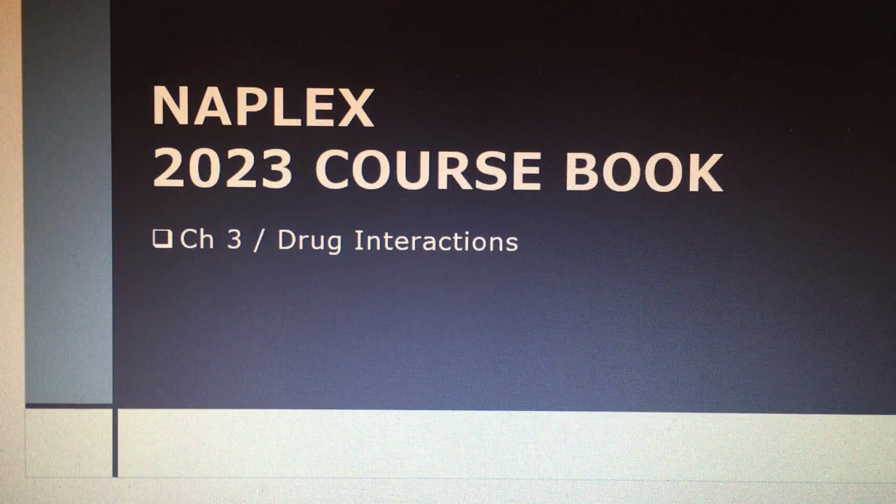So diltiazem, verapamil, carvedilol, clonidine, and these can have additive effects when used together with amiodarone and digoxin. So we need to monitor heart rate. The normal heart rate should be between 60 to 100 beats per minute. For some patients, they may have a normal lower heart rate just based on their history and physical state.